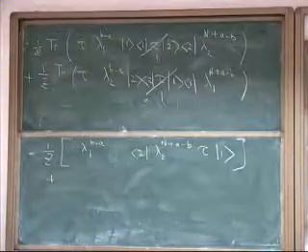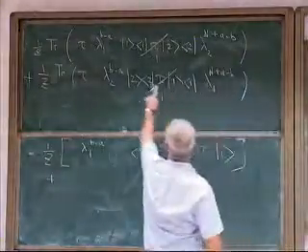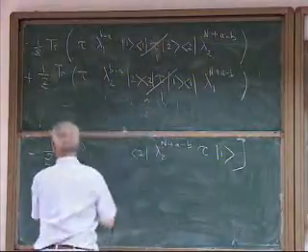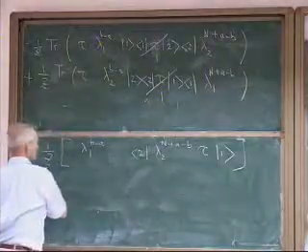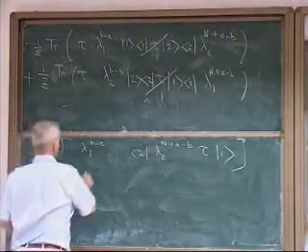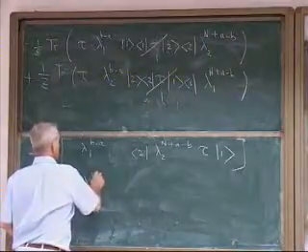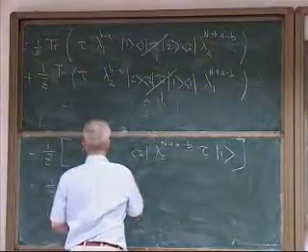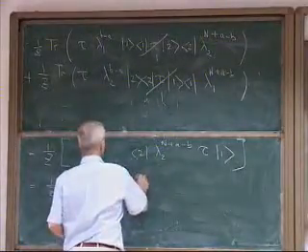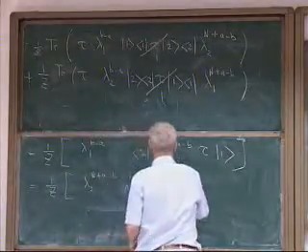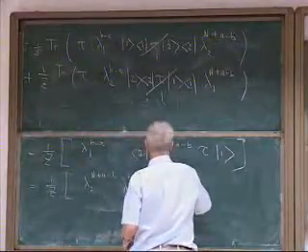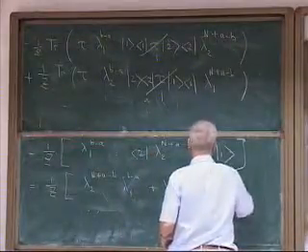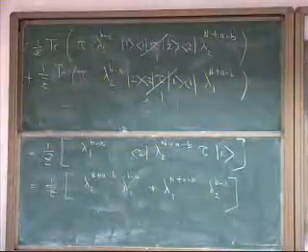I'm using the trace. So you see, the first one is just tau 1, 2 again. This is a number. So I get equal 1 over z, lambda 2 to the n plus a minus b times lambda 1 to the b minus a plus lambda 1 to the n plus a minus b times lambda 2 to the b minus a. That's the end of the calculation.